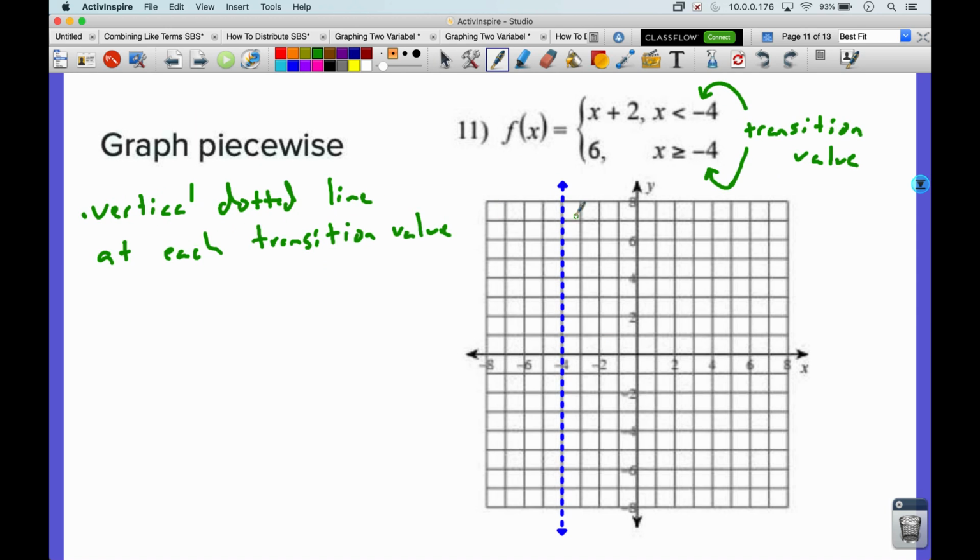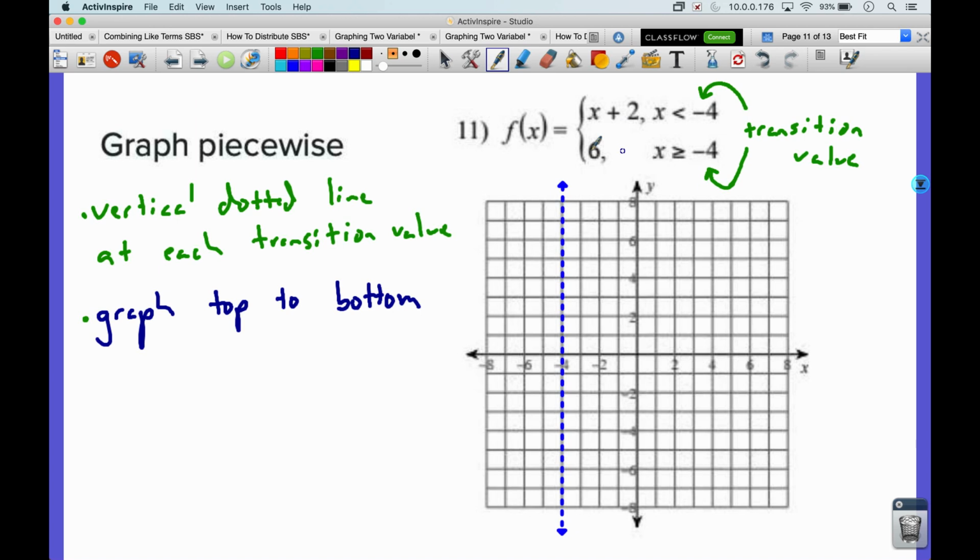And I say this cuts the graph into two strips. You've got strip 1 over here, this more narrow one, and strip 2 over here. All right. And so we want to graph the lines. You're going to graph it across the graph, but then only keep the part that's in the strip that it's valid for. You want to graph top to bottom in terms of the equation.